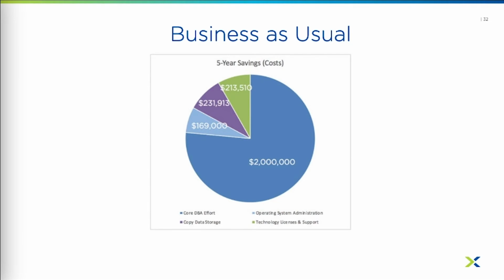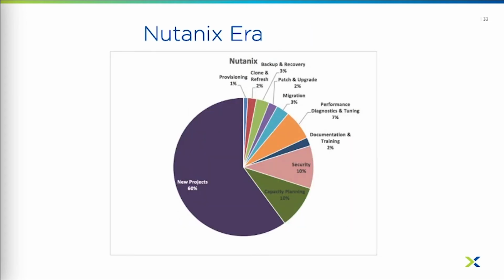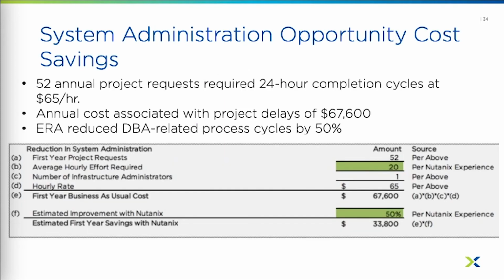So the one poor remaining DBA spent 87% of her time on low-level DBA tasks that add absolutely zero value to the company. After installing Era, she spent by far the majority of her time on tasks that actually added great value for the organization, and she didn't have to hire any more DBAs.